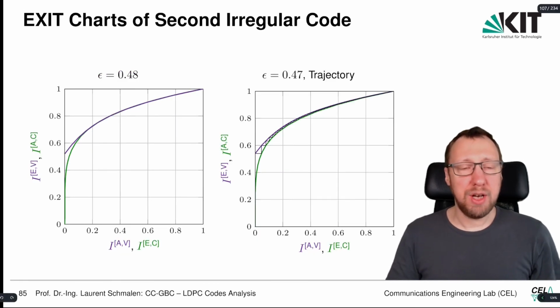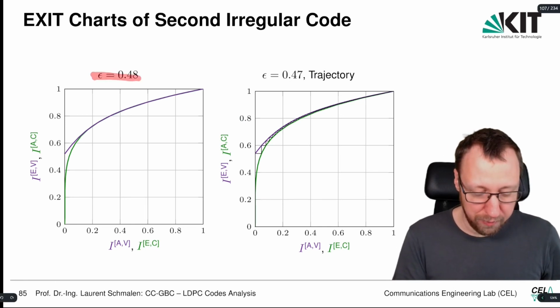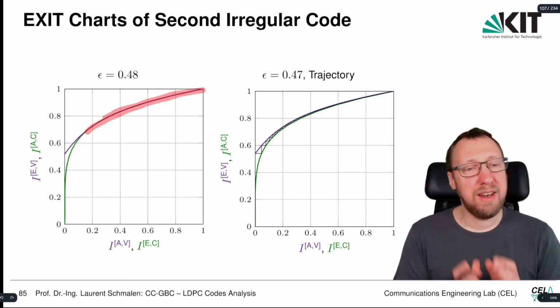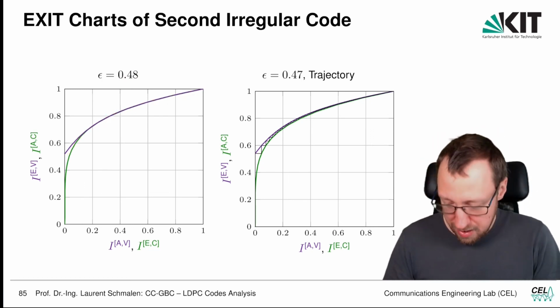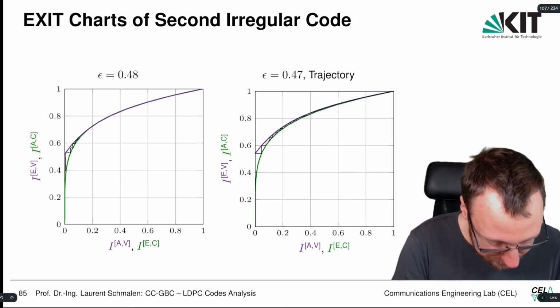And here are the EXIT charts of this code. This is for epsilon equals 0.48. We see that the curves just touch. We have a tiny, tiny decoding tunnel. We also see that we need quite a lot of iterations to go through this tiny tunnel.